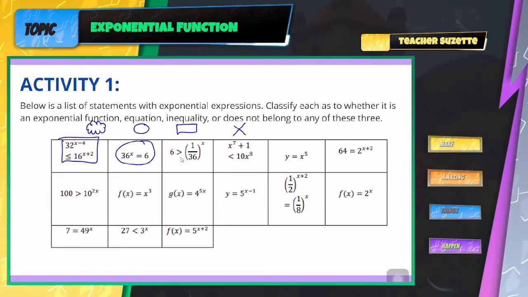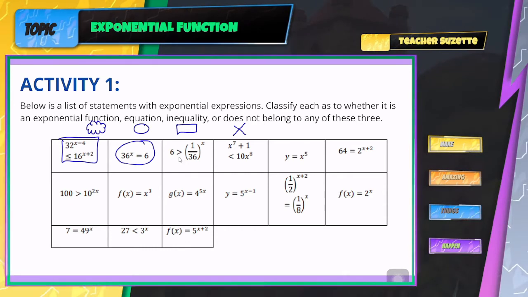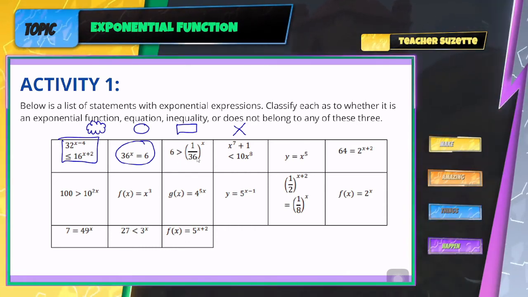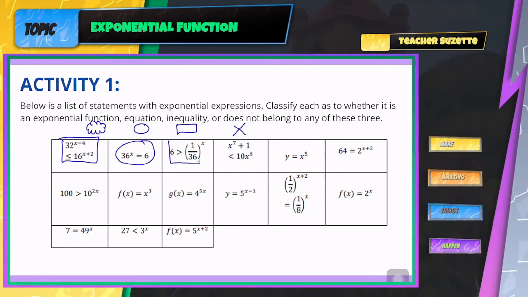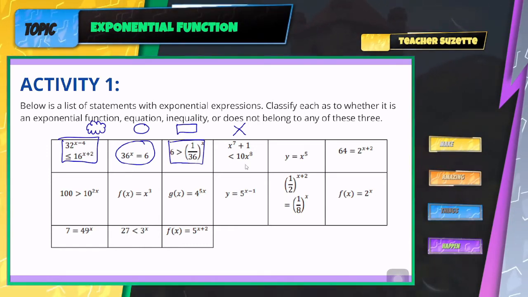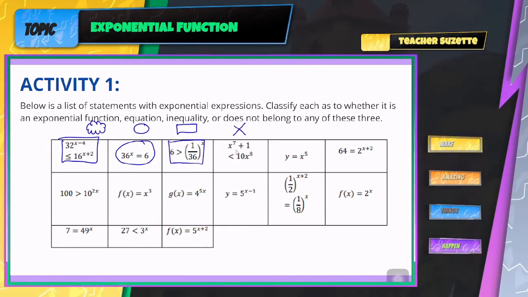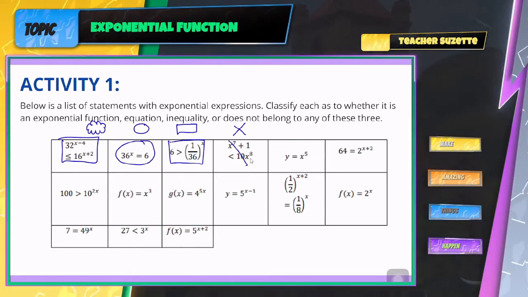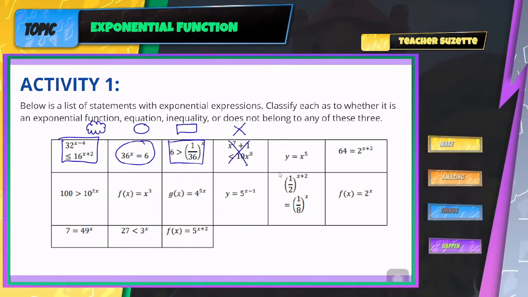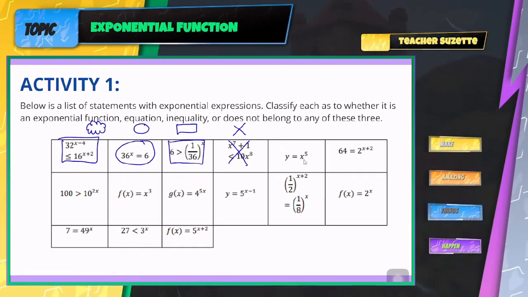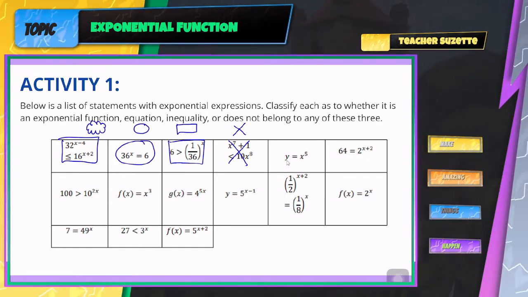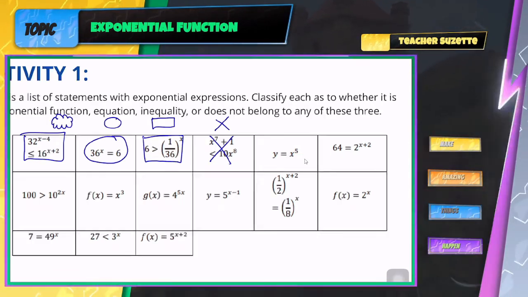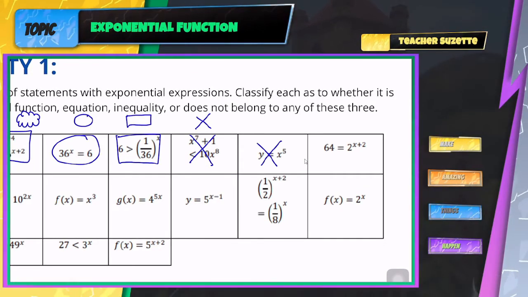Next, meron tayong inequality sign. Then, check the bases. Okay naman. So, therefore, this is an inequality. Next, inequality. However, the bases are variables. So, does not belong. Next, we have y is equal to x raised to 5. Function. However, your base is x, so does not belong.